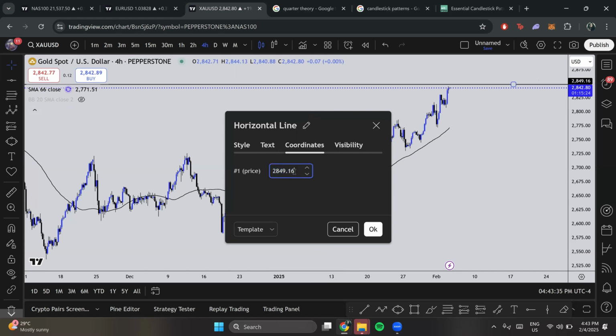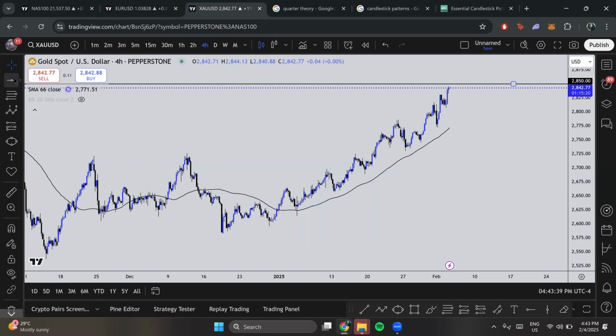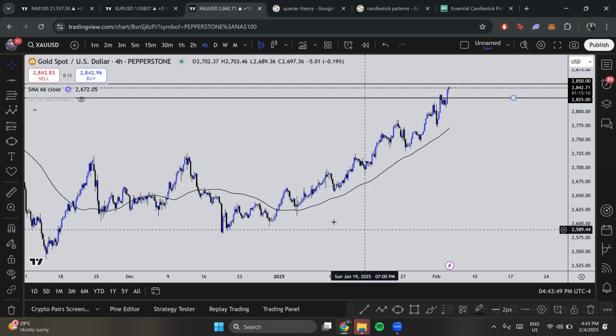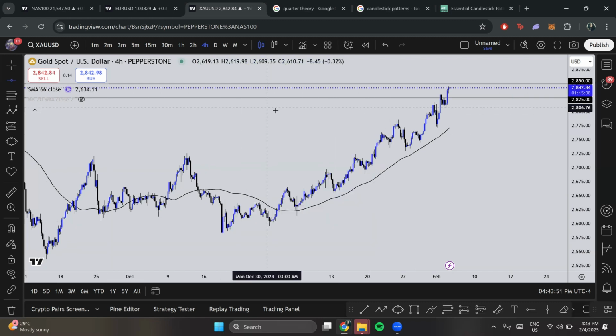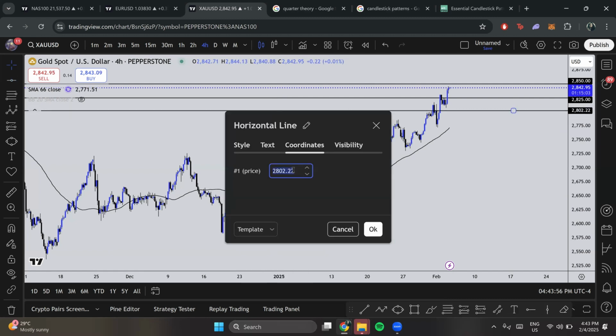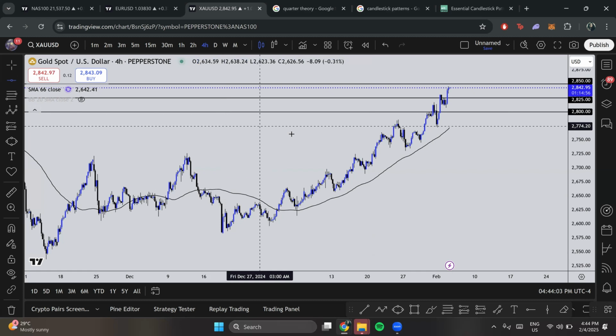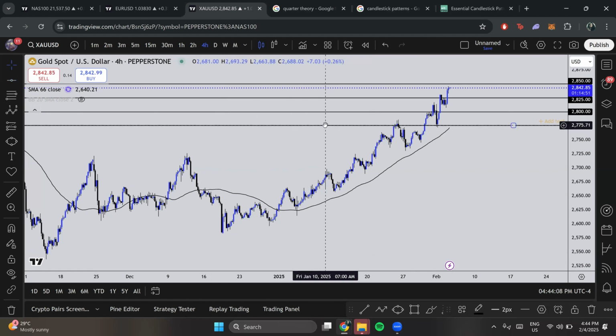Right, so key levels: 2850, key level 2825, key level 2800, key level 2775.